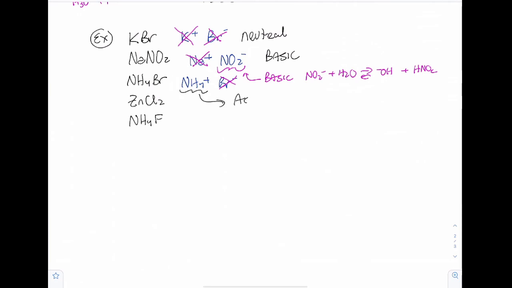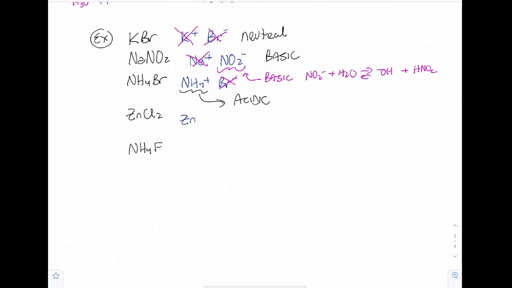So this time my salt is going to be acidic, right? If I had ammonium bromide in water, the pH of that solution is going to be less than 7. If I have sodium nitrite in water, the pH of that solution is actually going to be greater than 7. I'm just going to space these out a little bit because I'm running out of room to write.